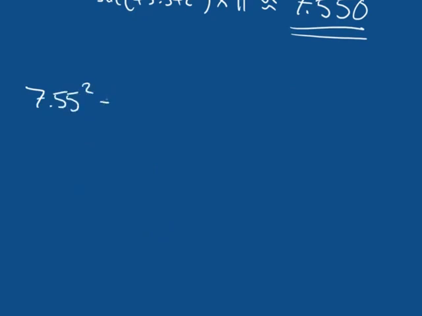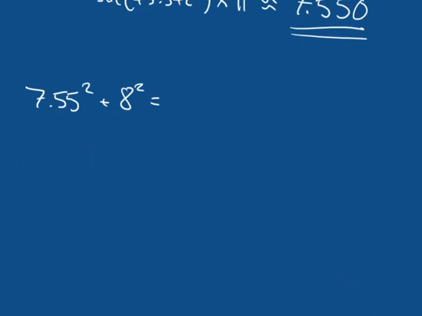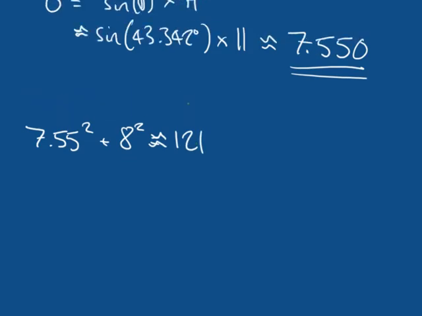7.55 squared plus 8 squared is equal to, as we use a calculator, 7.55 times 7.55, that's equal to 57, plus, well, 8 squared is 64, so plus 64, so that's equal to around 121. So that's approximately 121, given our rounding errors.